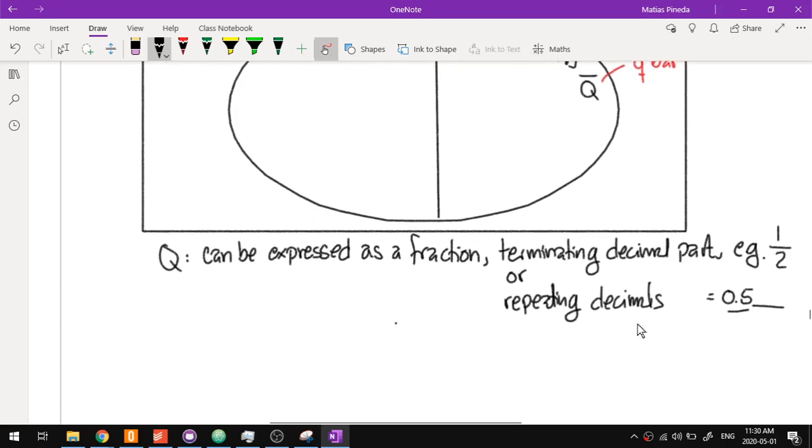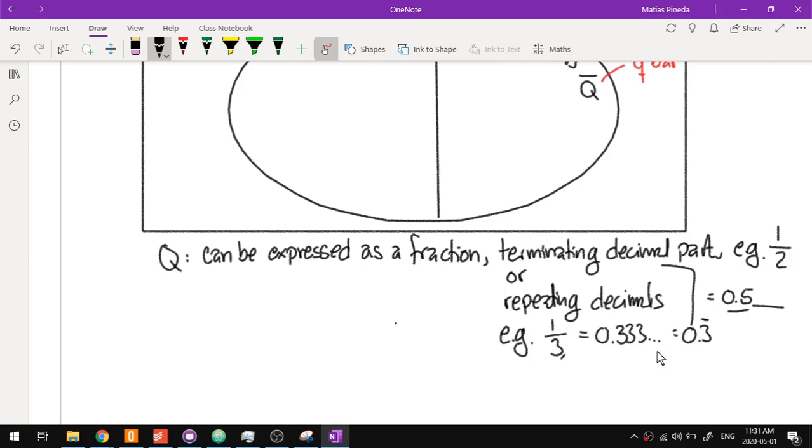So an example of this would be 1/3. This is written as a fraction, so clearly that alone will tell you that this is a rational number. But if we divide 1/3 on our calculators, we're going to get 0.333, and so on and so forth. We can write this as 0.3 with a bar above the 3 to indicate that the 3 is repeating.